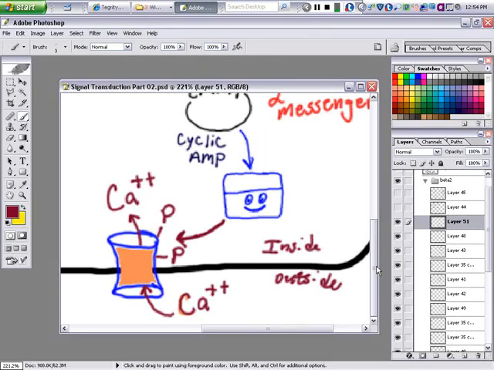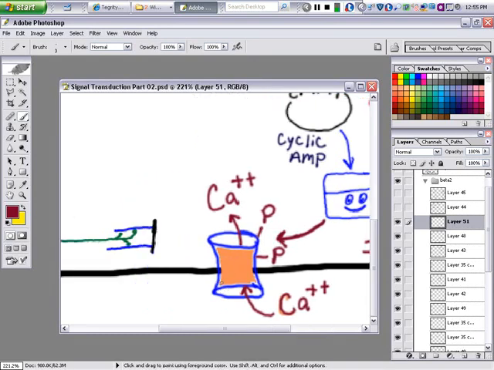Now, this is the tough question. This protein here actually adds phosphates to this calcium channel. Let's go ahead and put here, this is a calcium channel.